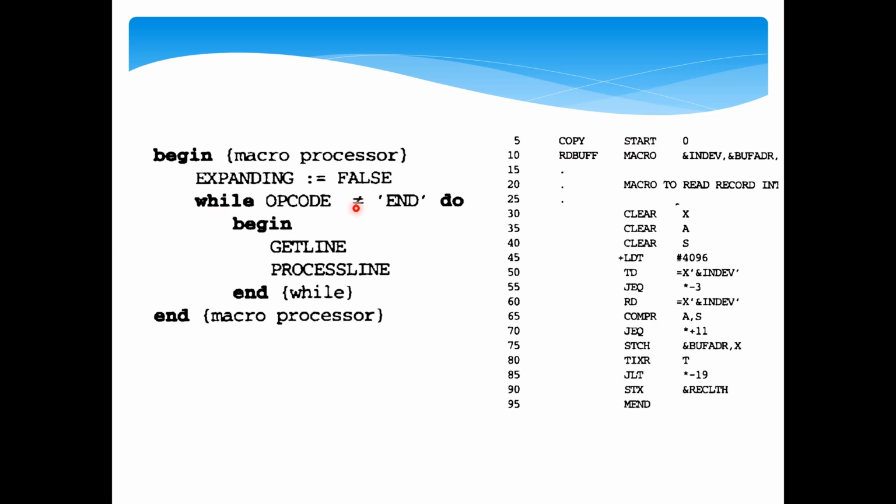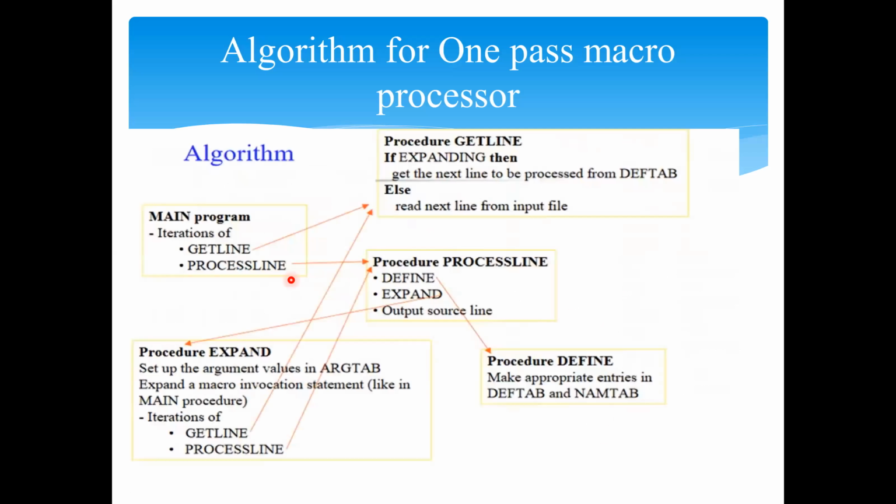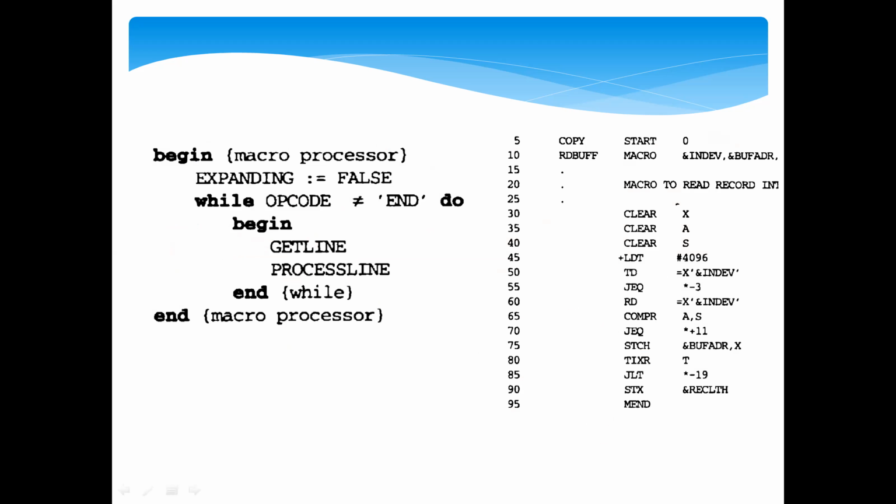What do you have to do? You get line and process line. You remember in our previous diagram, I showed you in the main program, it's mainly the iteration of get line and process line. So you have these get line and process line procedures being called for each line.